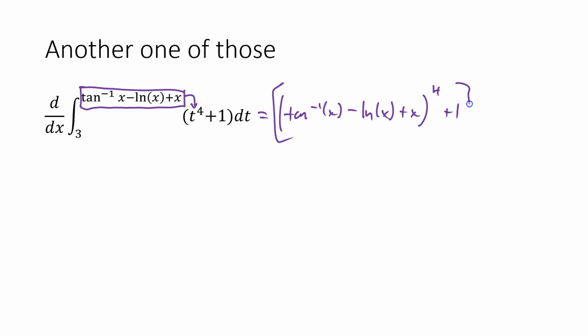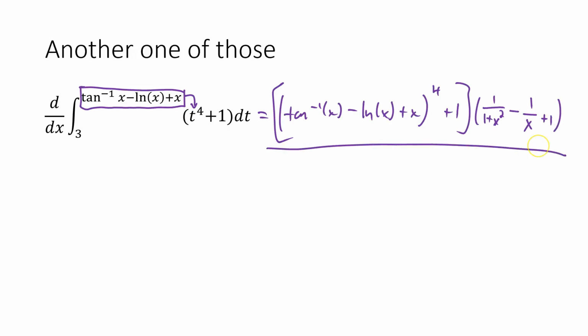Now we're going to multiply by the derivative of the baby. This whole thing is the baby. So the derivative of the baby is 1 over 1 plus x squared. That's the derivative of tangent inverse. Minus 1 over x, that's derivative of natural log. And then plus 1, that's derivative of x. And this is your derivative of the accumulation function because we have to multiply by the derivative of the baby. Crazy.